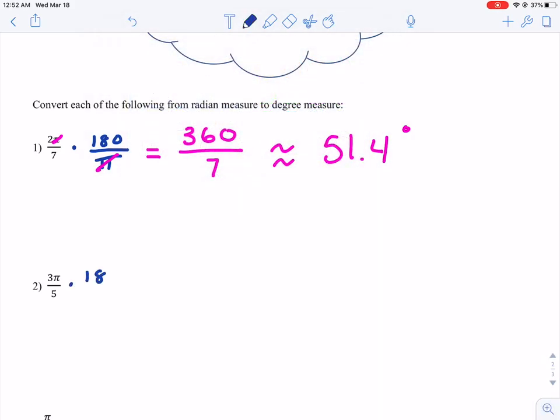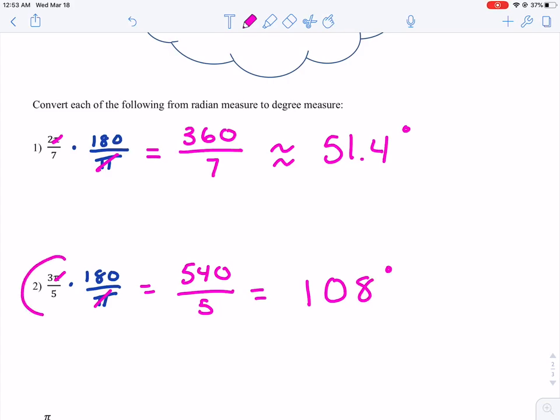I'm multiplying by 180 over pi. My pi's cancel out. I'm going to do 3 times 180, which gives me 540. And I'm going to divide that by 5. So 540 divided by 5 gives me 108 degrees.